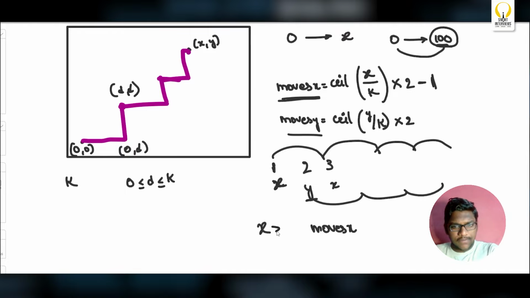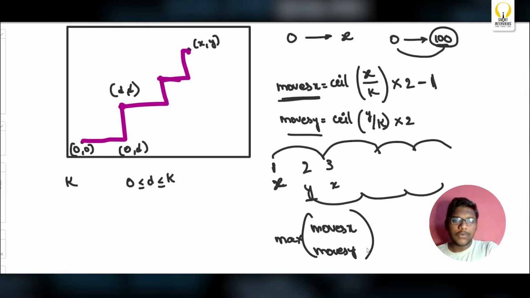So this is when if x greater than y, or equal to y even, you can return moves x. If x is less than y, then you have to return moves y. That's it. So overall, whichever is maximum out of this moves x and moves y, you'll simply return the value. That's it.